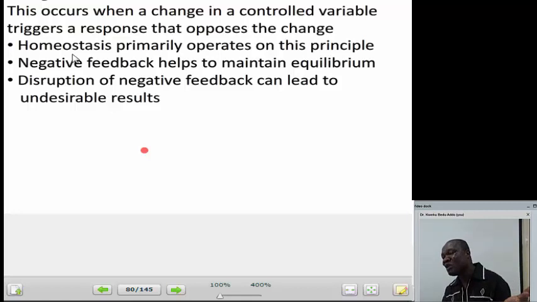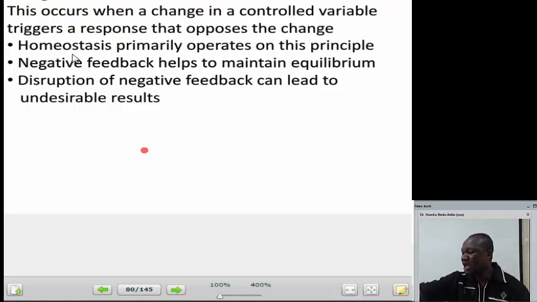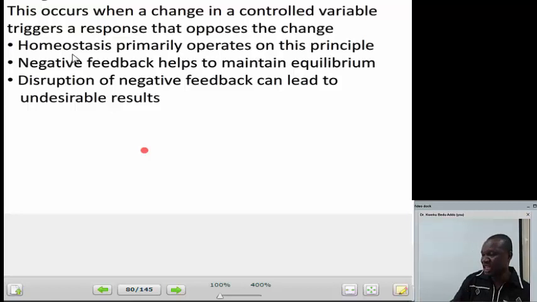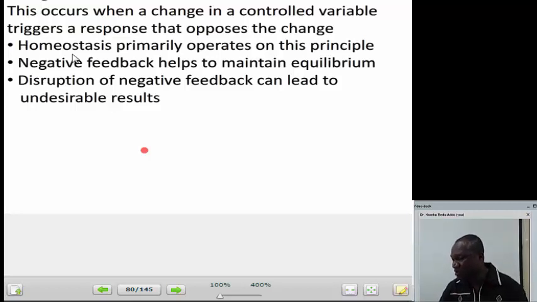What we saw with the body temperature is a typical example of the negative feedback. We realized that as we got into the hot environment, this generated a change in the body. The body temperature became higher than the set point, which is 37 degrees. So the body generated a response which opposed the change. And what are the responses?